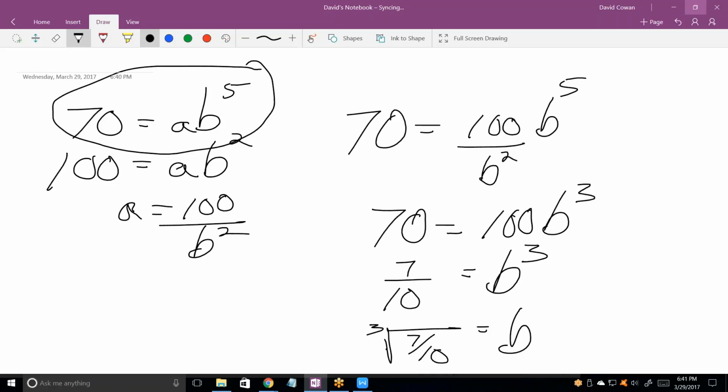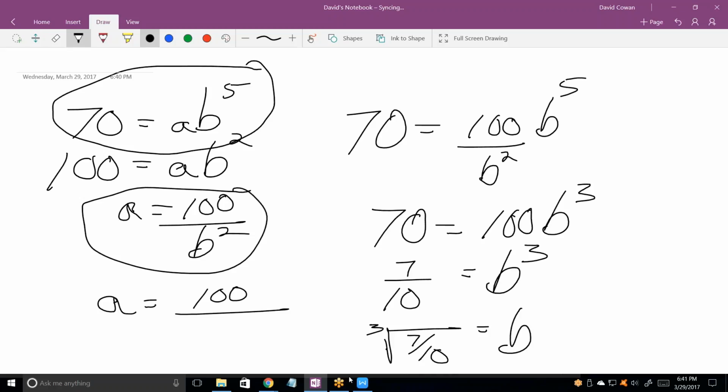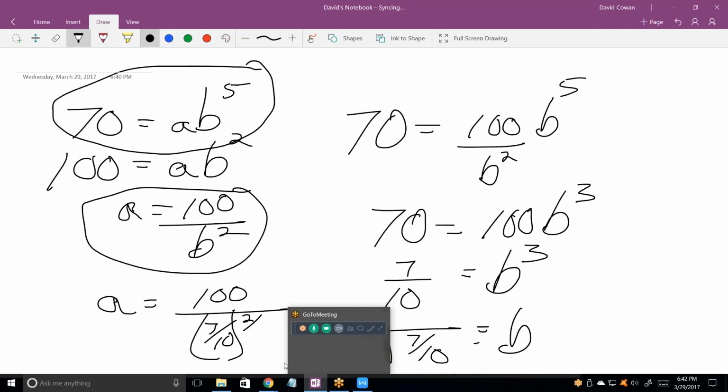And then a, in other words, now if you go back up into either equation and plug in what we came up with for b, well, a is equal to 100 divided by b squared. So a equals 100 divided by this thing squared. Well, b squared must be 7/10 to the 2/3 power.